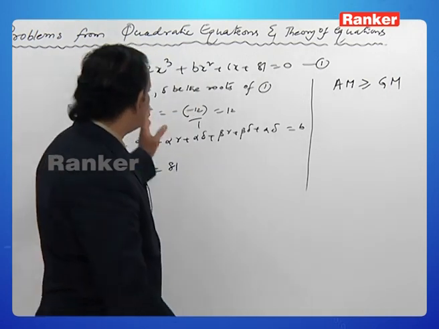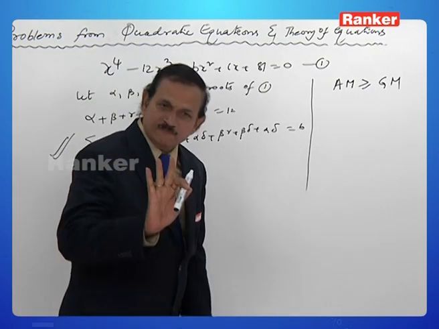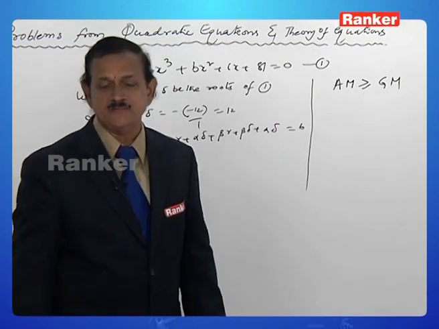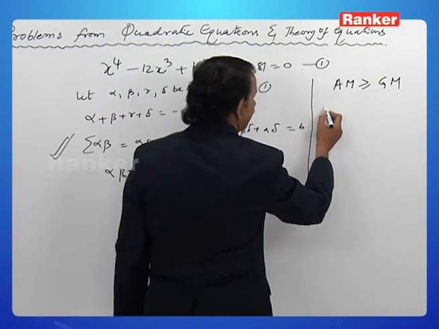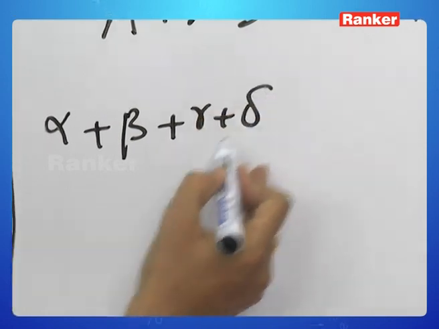So alpha, beta, gamma, delta are positive. So for those 4 particular positive numbers, we can make use of the result: AM is greater than or equal to GM. What is AM of alpha, beta, gamma, delta? Alpha plus beta plus gamma plus delta by 4.